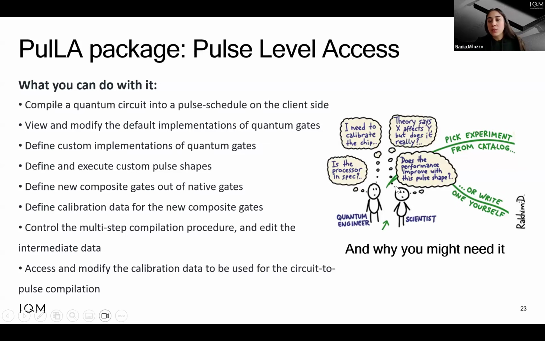Or you can also ask yourself whether the results that you're getting would improve if you change something at the physical level, like the waveform shape. So those are all possible scenarios that a quantum engineer can face in their day-to-day job.